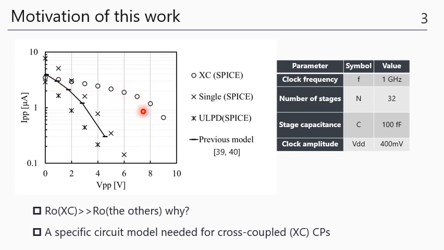The original consideration was that the cross-coupled rectifier can have an effectively lower diode drop, and therefore we should have a simple shift toward the right-hand side from the single or ULPD curve.